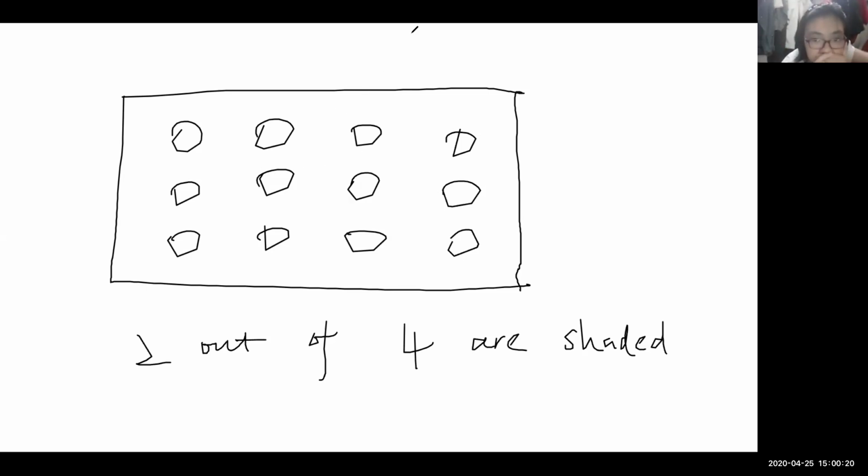So based on this, now based on 2 out of 4 are shaded, what are you going to do to this diagram? Quick, move your mouse. Draw something. Shade. What do I mean by 2 out of 4 are shaded?